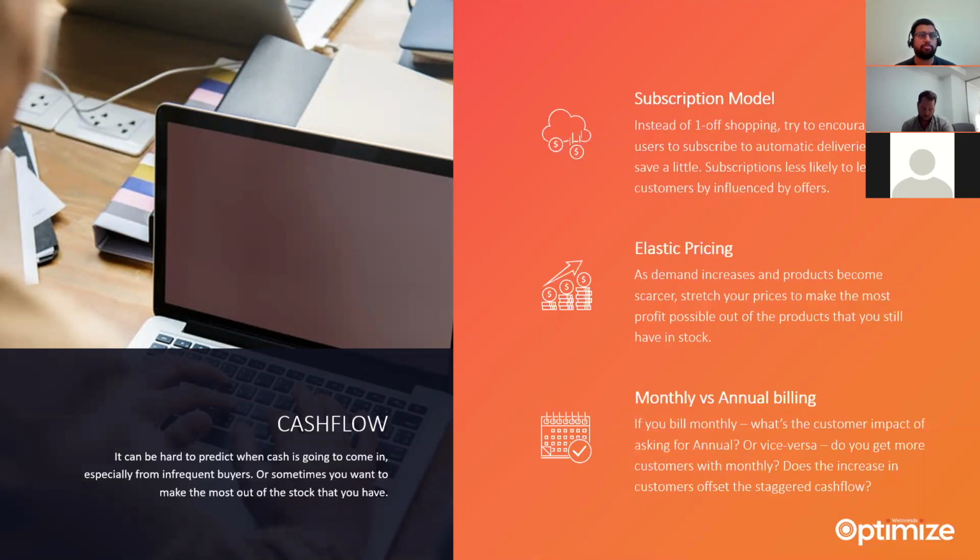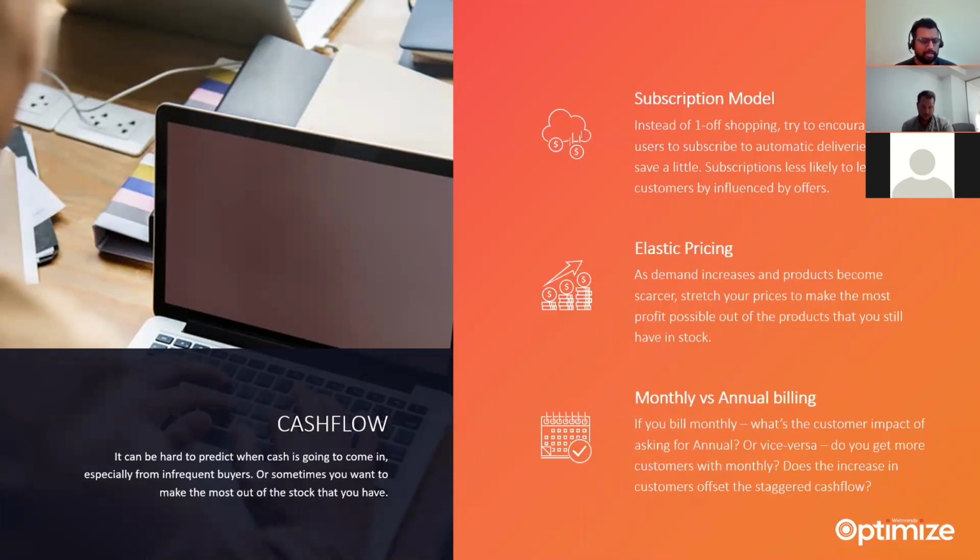Amazon have subscribe and save, which works incredibly well. Harry's have shaving products, which they have been doing for a while. I think any posh coffee that you go to buy, you'll probably find that they're trying to encourage people to go down a plan as opposed to a one-off purchase. I've seen it with laundry capsules on Instagram as well recently. So these things are all available to you.